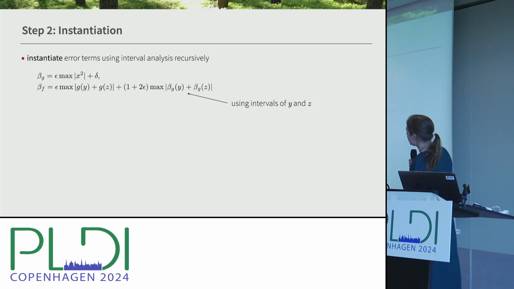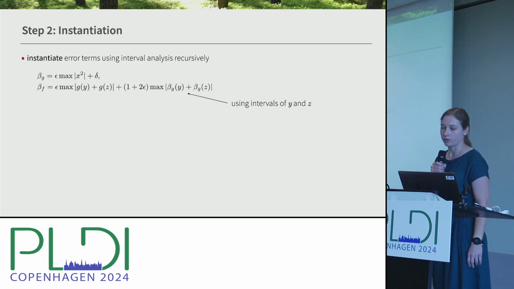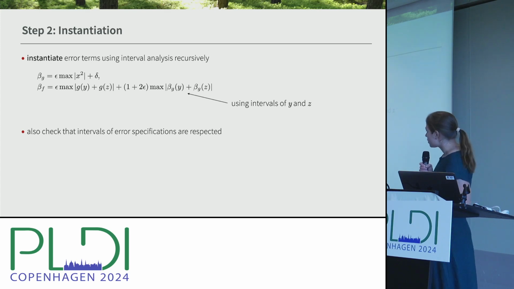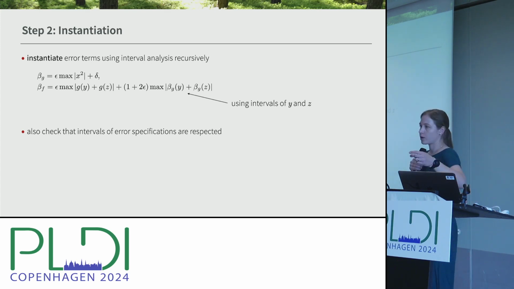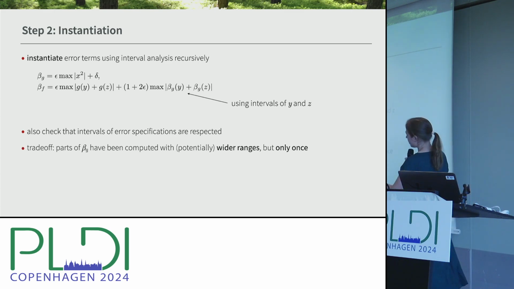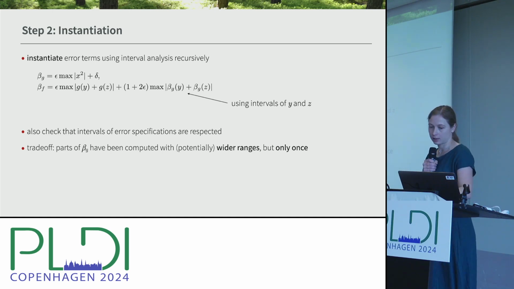And now when we compute the betas, then we use the actual intervals of the input variables Y and Z. Now at this step we also check that we're not using a function whose range is smaller than the inputs, so that's a quick check. And the trade-off that we make here is that parts of these betas are computed with wider ranges than what is actually happening at the call site. But we do this computation only once.